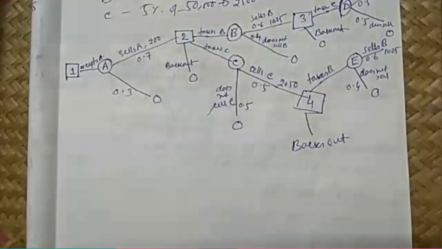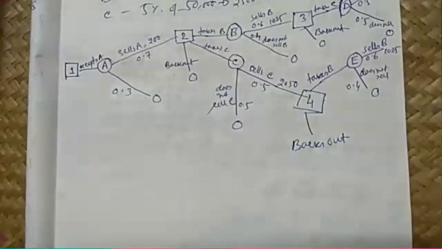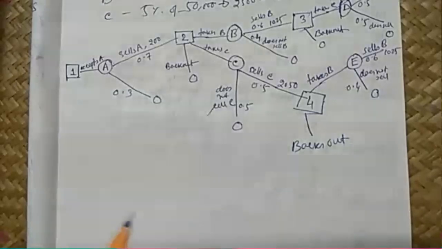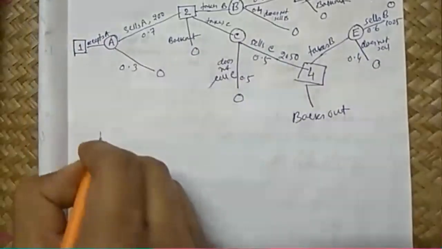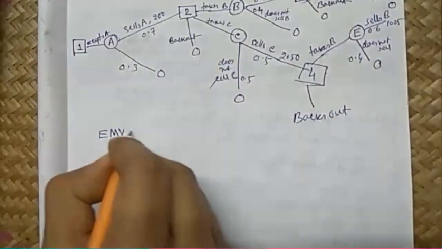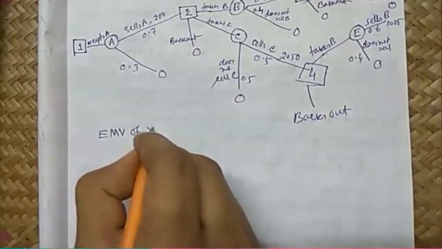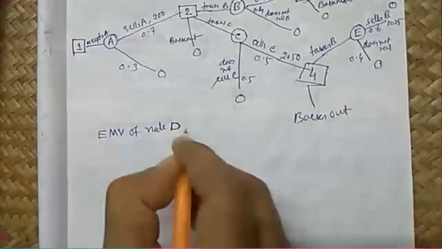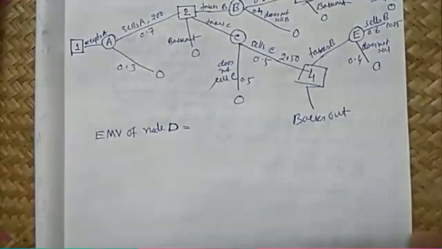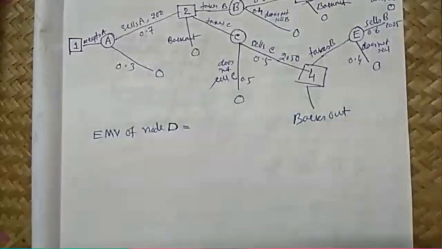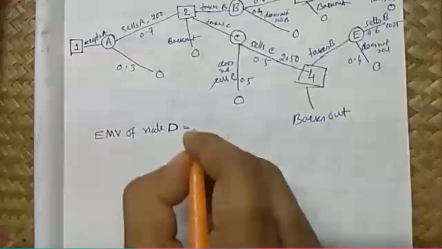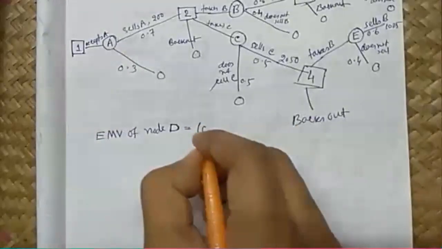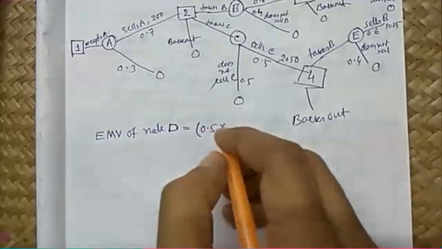We can start from either D or E. So let us start from the top. We will first find out the EMV of node D. EMV of node D you can get by multiplying the probability with the associated payoff.